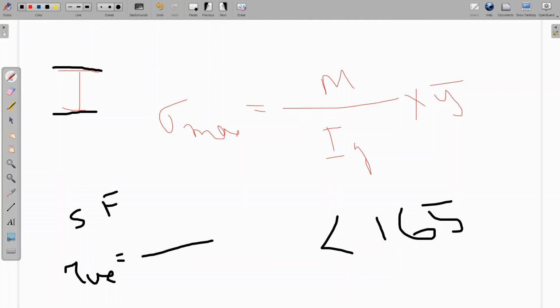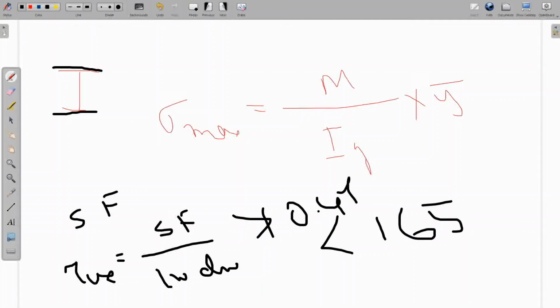Average shear stress is nothing but the maximum shear force divided by tw and dw, for I section, as we discussed last class. This value should not be more than 0.4 fy. Okay, check whether this is satisfying the conditions or not. If it is satisfying, then you can say from the shear stress point of view also your design is safe.